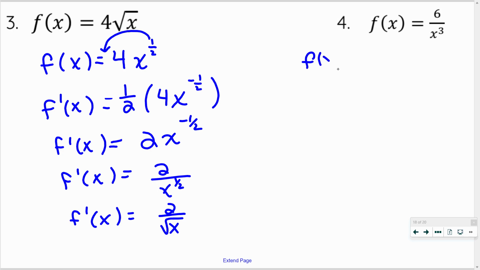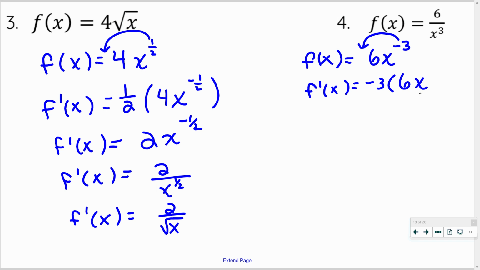Okay, so here I want to write it as a power. So instead of 6 over x cubed, I'm going to write it as 6 times x to the -3. So I bring my exponent down to find the derivative. So that's -3 times 6x to the exponent of, decrease it by 1, so -3 decreased by 1 is -4.